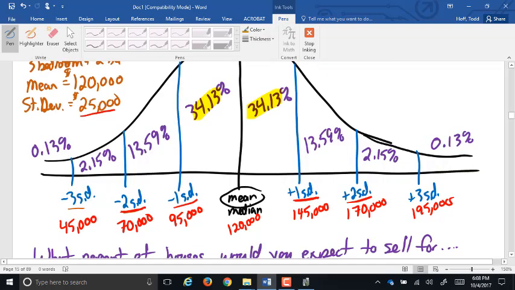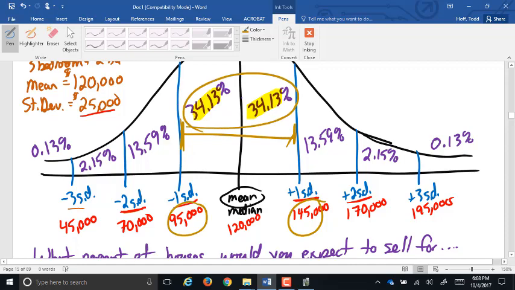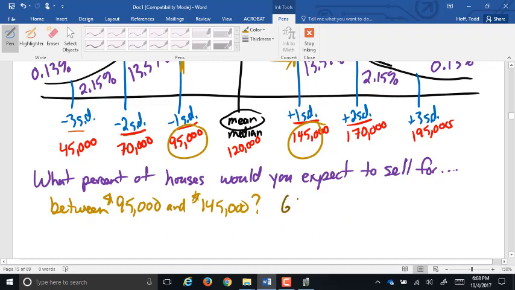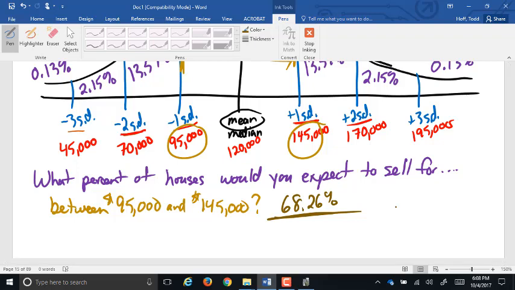Well, up here from $95,000 to $145,000. Goes from there to there. If I add up those percents, I get 68.26%. So I expect over 2/3, 68.26% of those houses that are 3-bedroom, 2-bath to sell between $95,000 and $145,000.